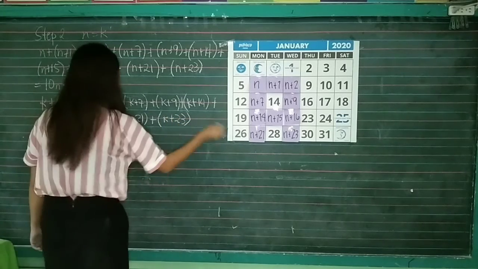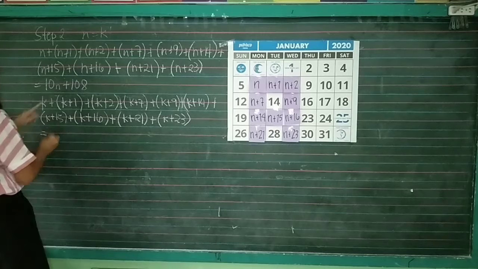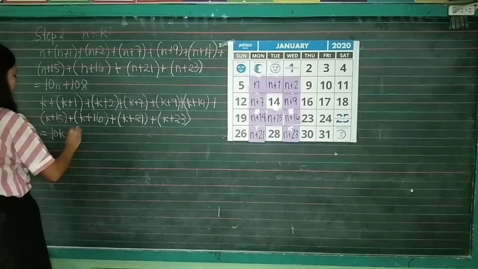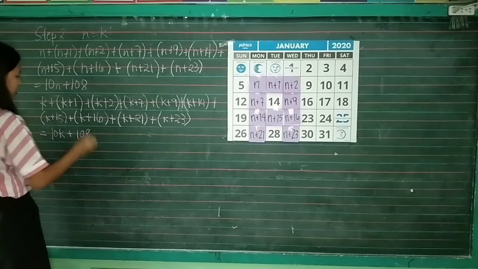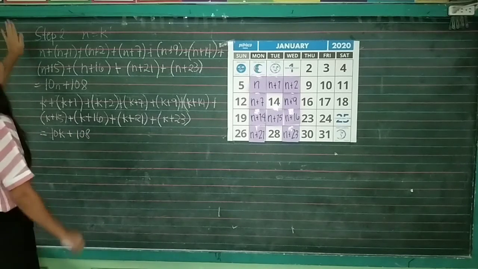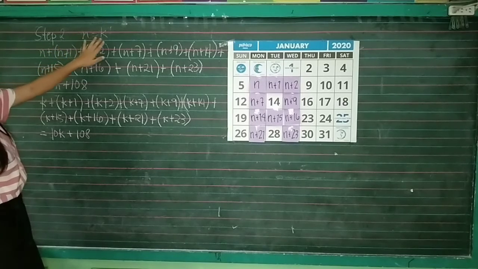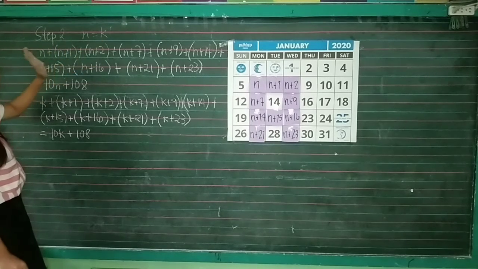Yan. Is equal to, papalitan natin ng k to, 10k plus 108. So, yan na yung step 2 natin. Isa-substitute mo lang yung n ng k. Papalitan mo ng k yung n.